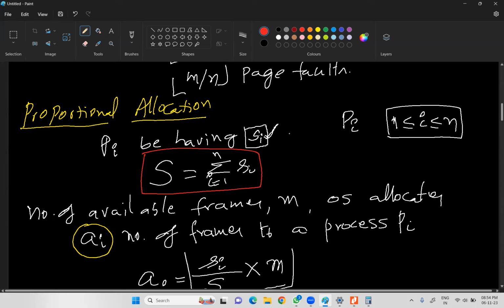That is the meaning of this summation. If you are asked for the total, 350, 400 and 445k, then 445k is the capital S. That is the meaning.